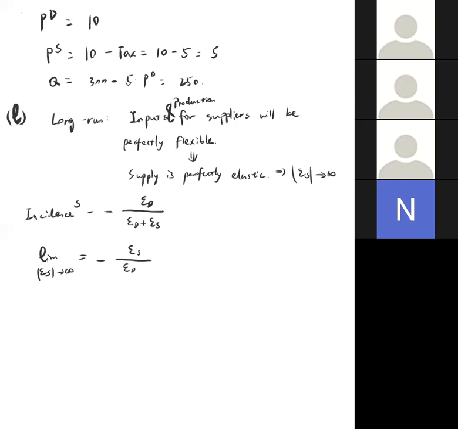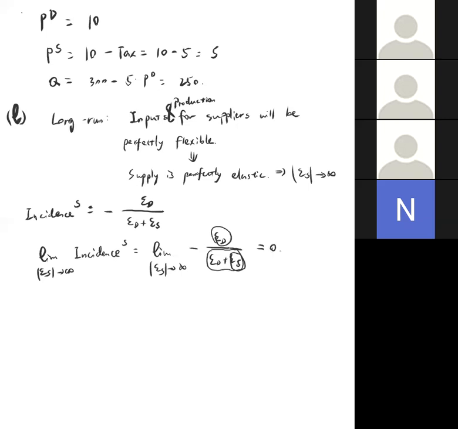So the limit of incidence s will be the limit as epsilon s goes to infinity of this thing. As this goes to infinitely large, the denominator becomes infinitely large, but the numerator is some fixed number. So we would know that this ratio would converge to 0.